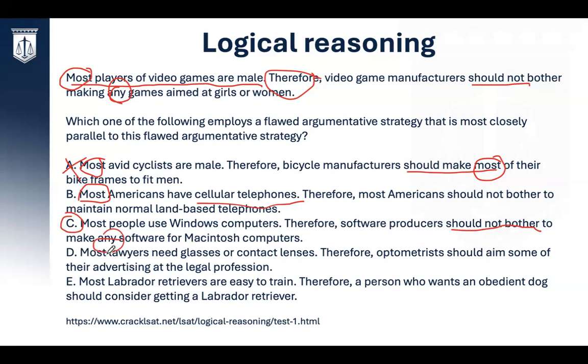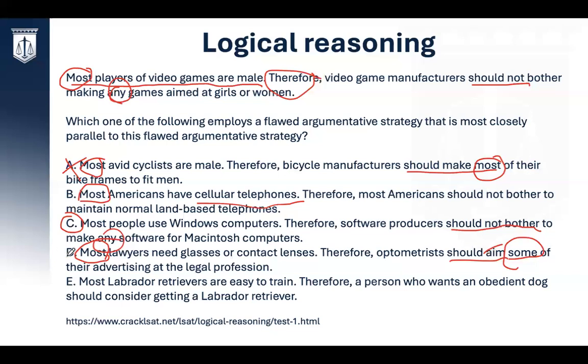Most lawyers, which hopefully you will all be one day, who need glasses or contact lenses, therefore optometrists should aim. So this again is a positive. It's telling what they should do versus what they shouldn't do. And it's only some of their advertising at the legal profession, right?